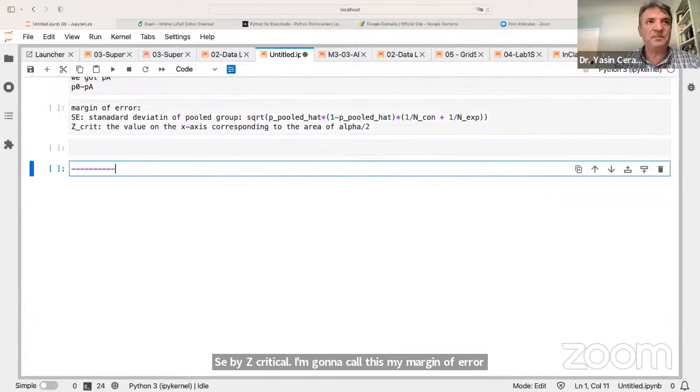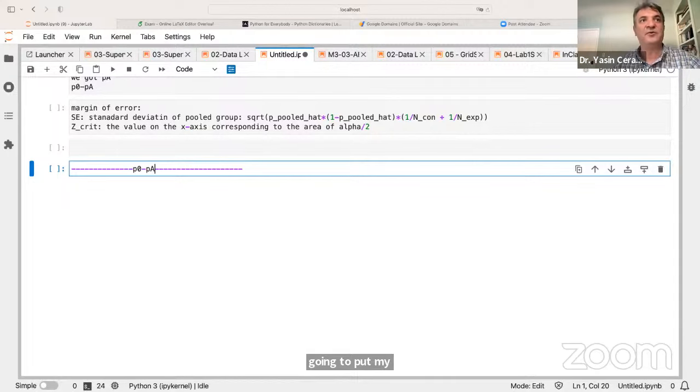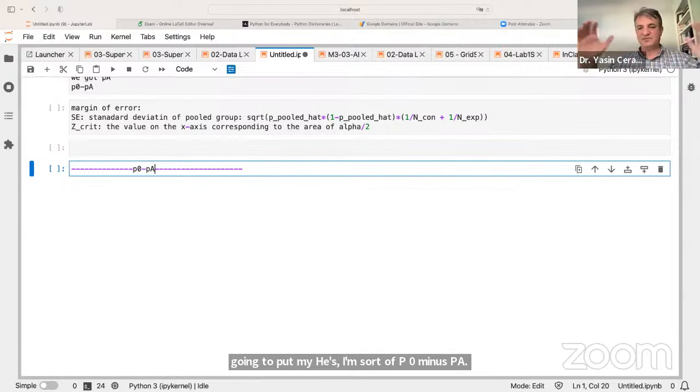In other words, let's say this is the number line. In the middle of this number line, I'm going to put my P0 minus PA. So in the middle, I have P0 minus PA, and this number line is some interval. I'm going to go to the right and to the left of this value.